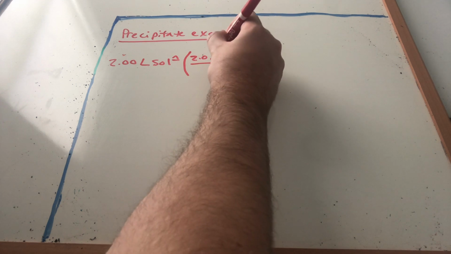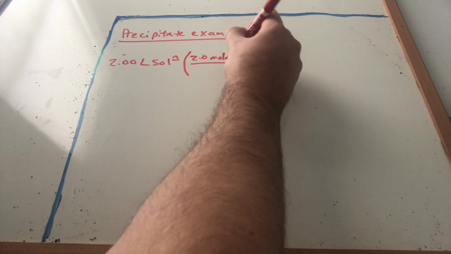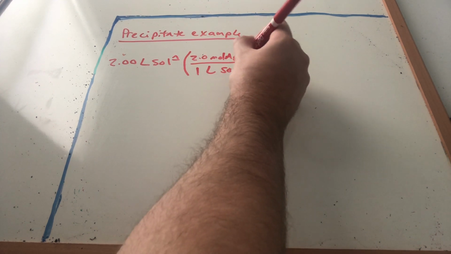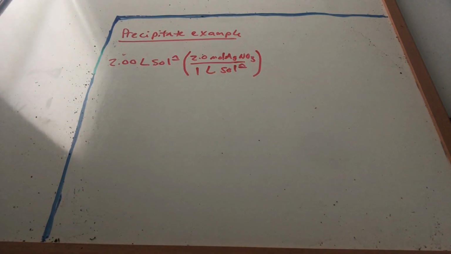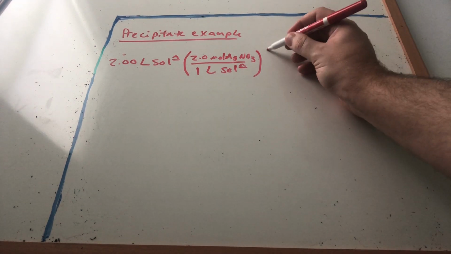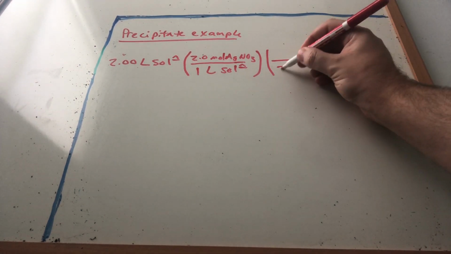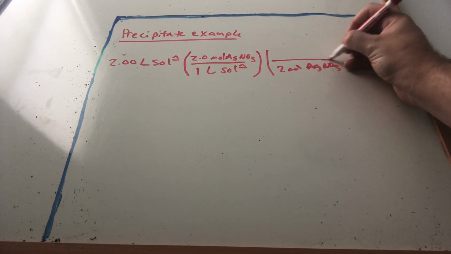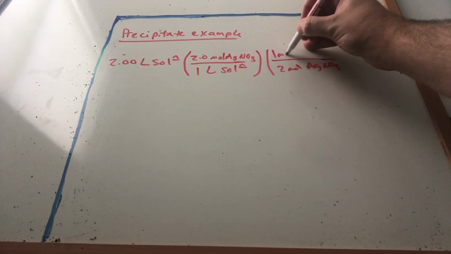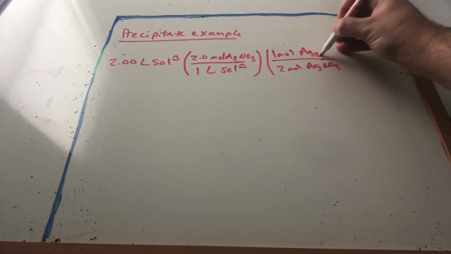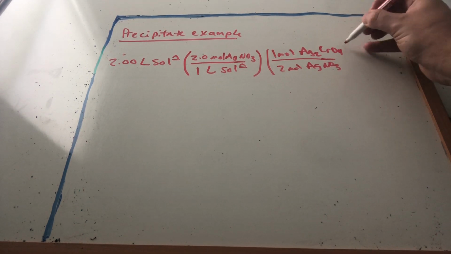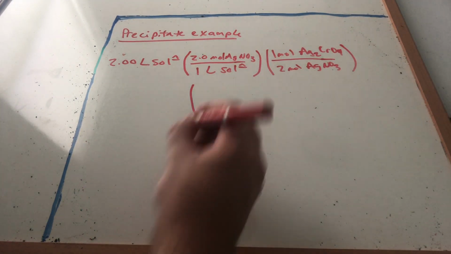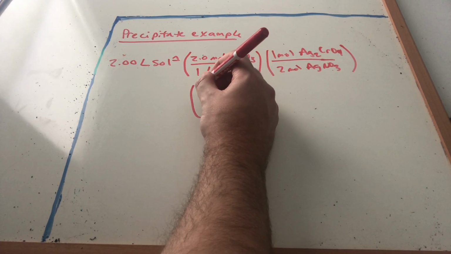So it was 2.0 moles of AgNO3 for every 1 liter of solution. I have a balanced chemical reaction. That tells me for every 2 moles of AgNO3, using the stoichiometric coefficient, I have 1 mole of my precipitate, Ag2CrO4. And because the problem asked me for mass, I can look up the molar mass of Ag2CrO4.